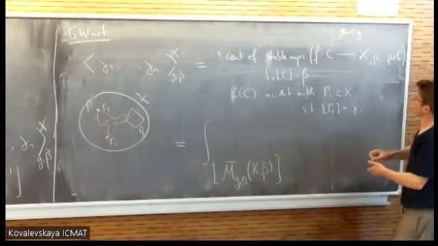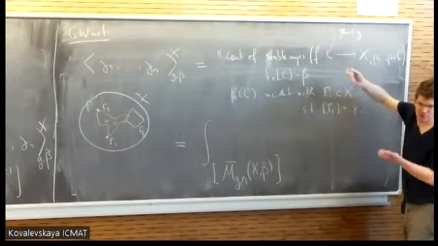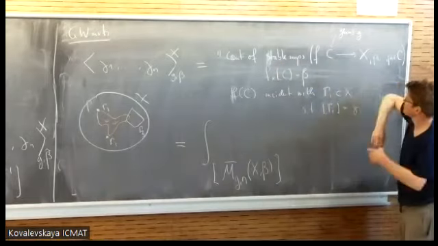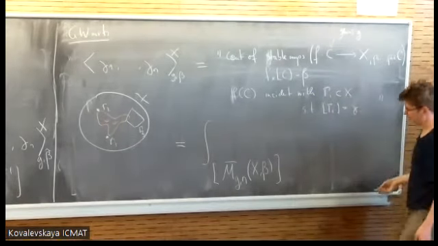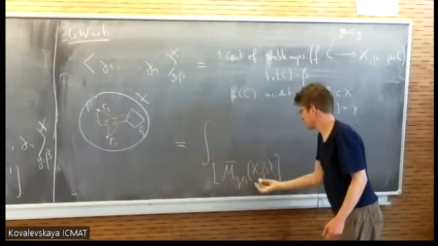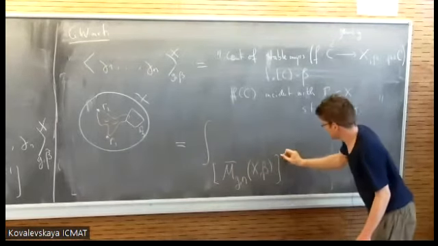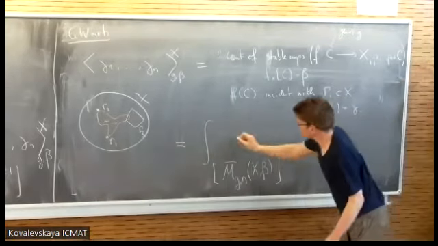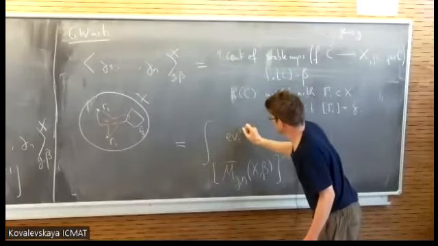Then you have to think about what happens if your curve C degenerates, which can happen. So you have to think about this as a stable map. So the C will really be a nodal curve and so on. So you have to think about this and define this as a moduli space. This will be then a proper Deligne-Mumford stack. And it has an actual class, the virtual fundamental class. And then you just integrate over this class.